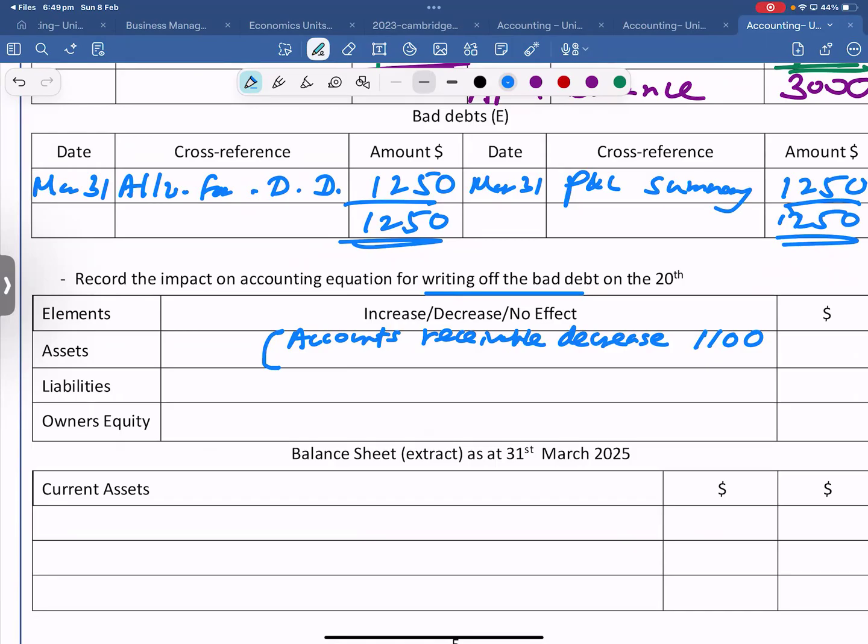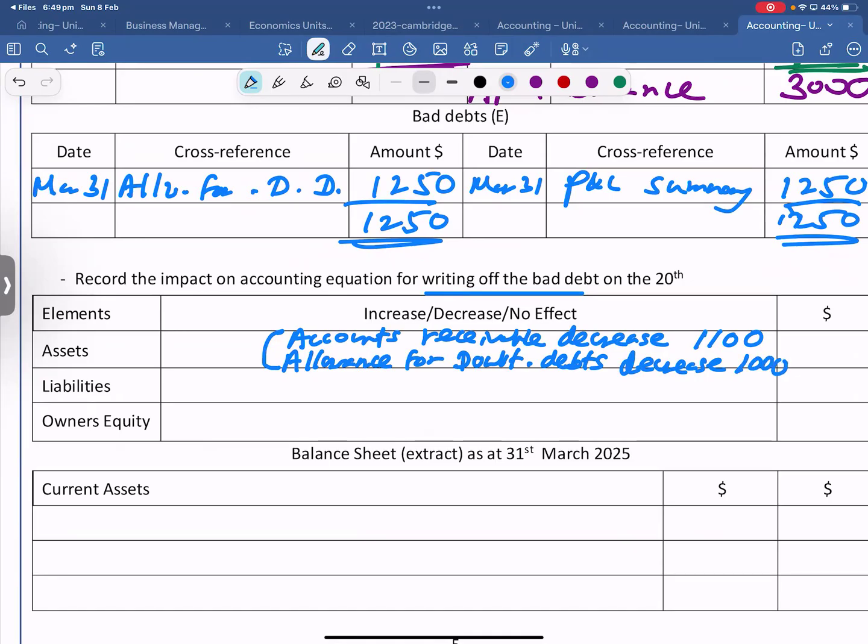Then allowance for doubtful debt also decreases. By how much? 1000.